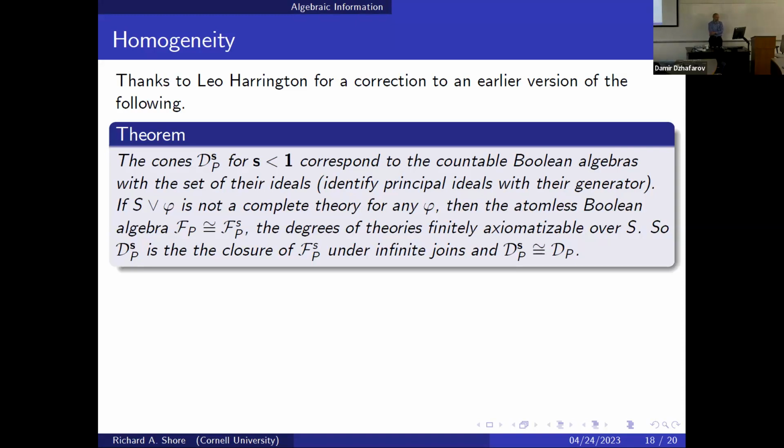So look at an arbitrary theory S. Look at the theories that are stronger than it, as a lattice. I mean, it's all the things bigger than S in the lattice, a distributive lattice. So it really looks like a countable Boolean algebra with its ideals.